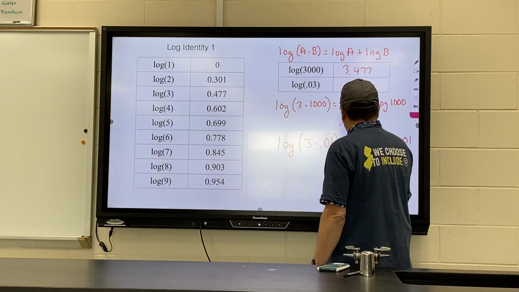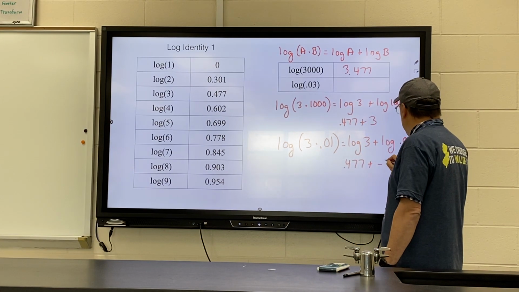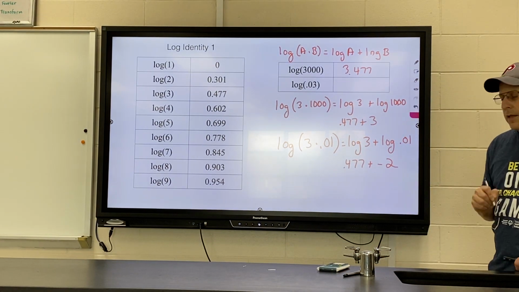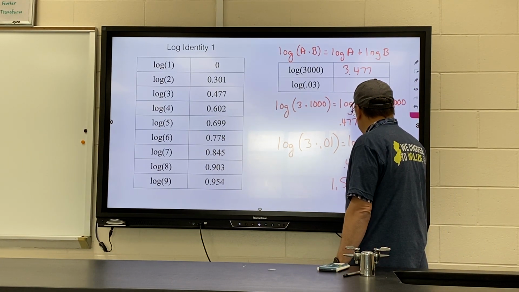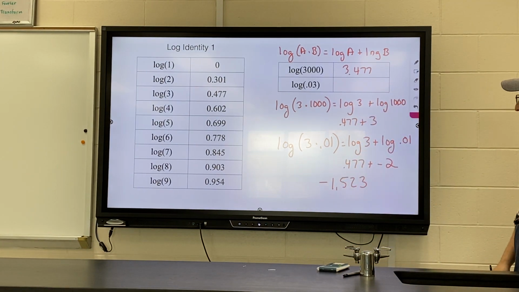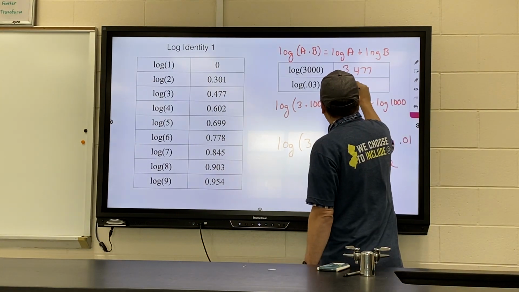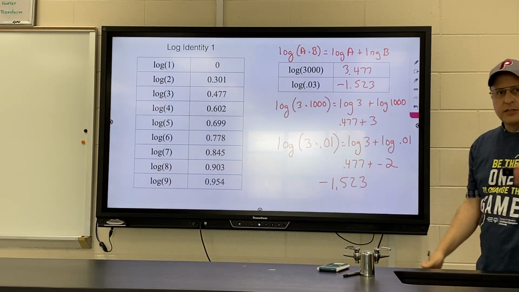So log of 3, and the log of 0.01 we learned was -2. So now when we put this together, we get -1.523.